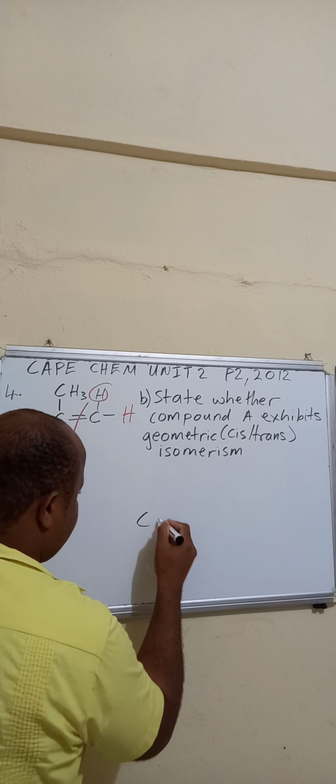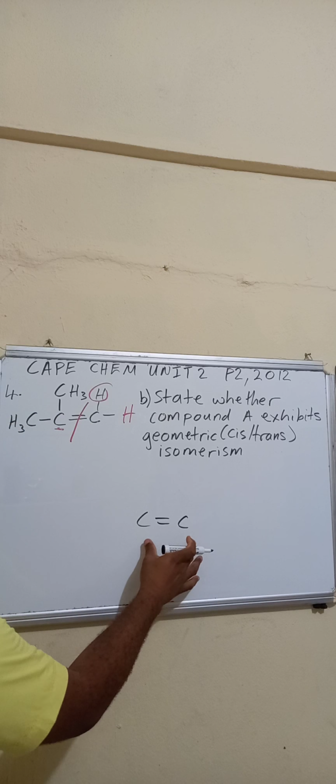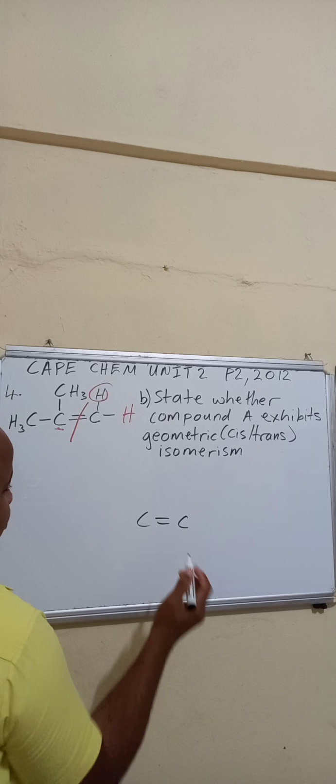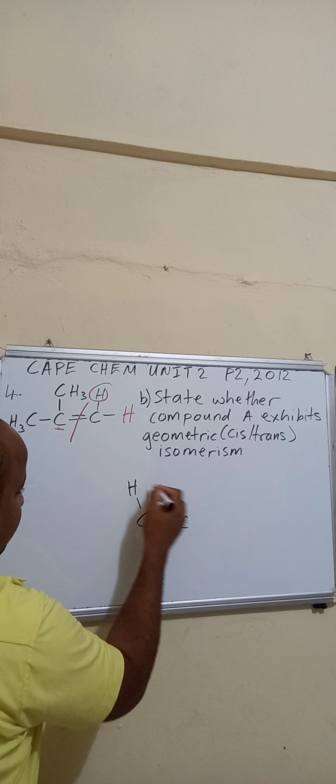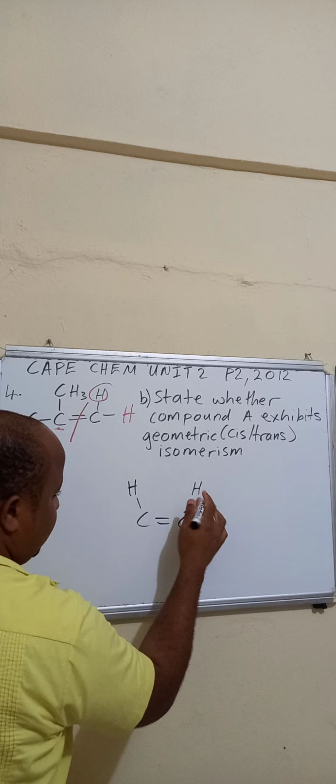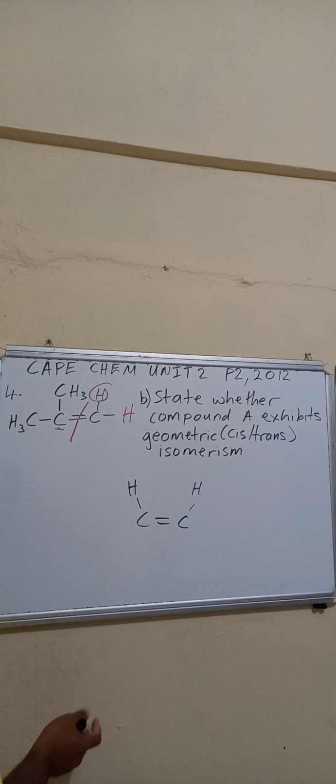Alright, so part B now of the question is asking if compound A will exhibit geometric isomerism. So remember, with geometric isomerism, the carbons of the double bond, right? Each of them must have a group in common. So, for example, each of them must have a hydrogen, right?